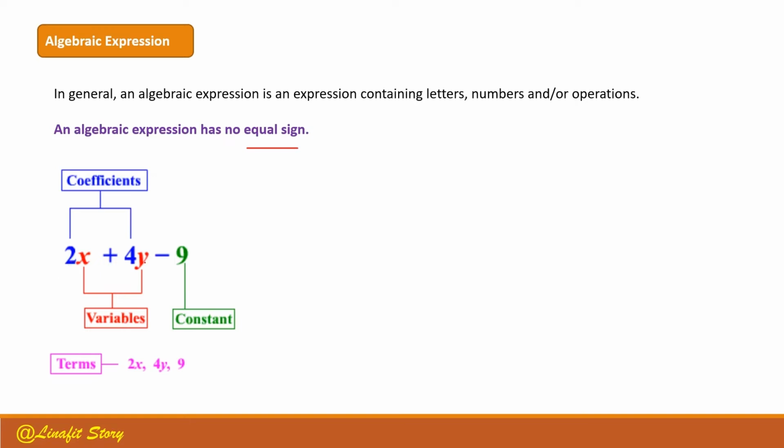The numbers in front of the variables are called coefficients. The numbers that are not multiplied by any variables are called constants. In this expression, there are 3 terms: 2x, 4y, and 9.